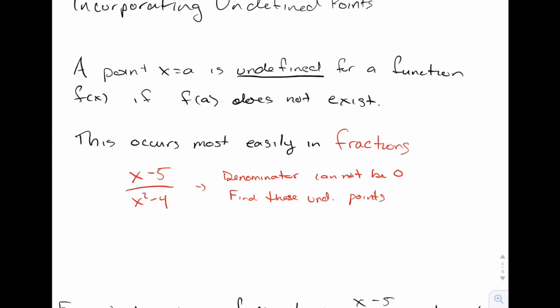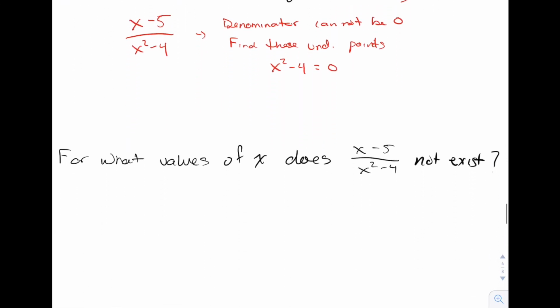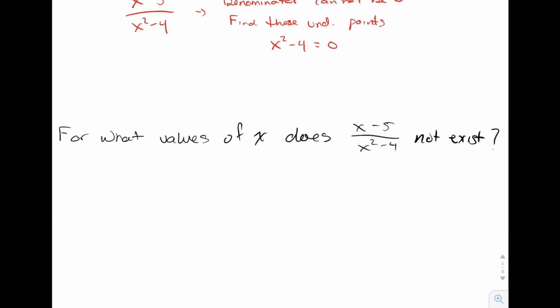And the way we do that in this case is by taking our denominator and setting it equal to 0. So for what values of x does this fraction not exist? Does it have undefined points? Just like we said, I'm going to take that denominator and set that thing equal to 0.